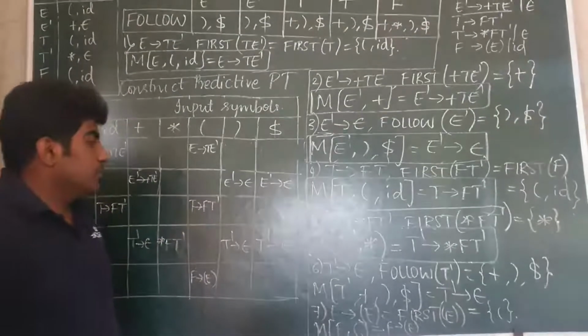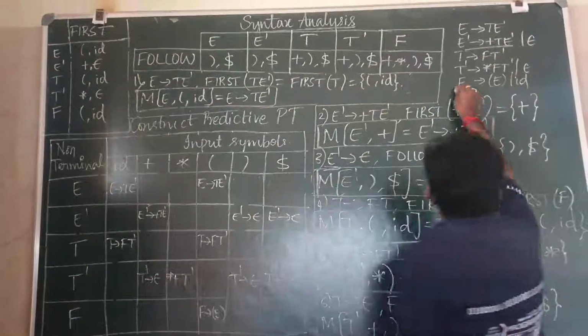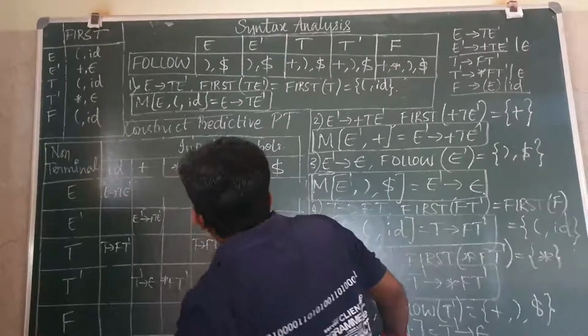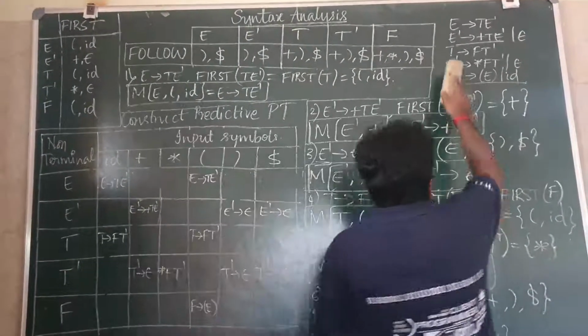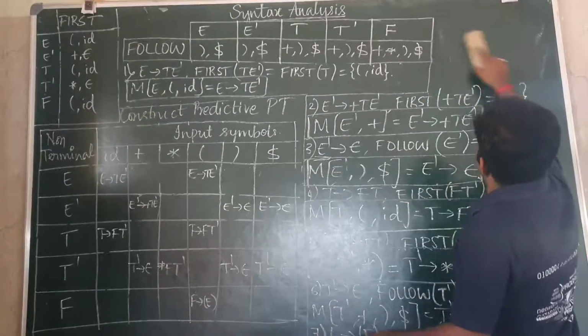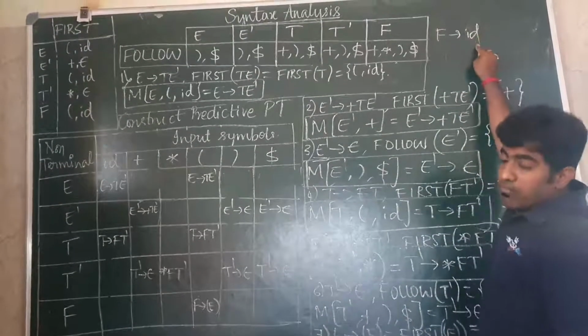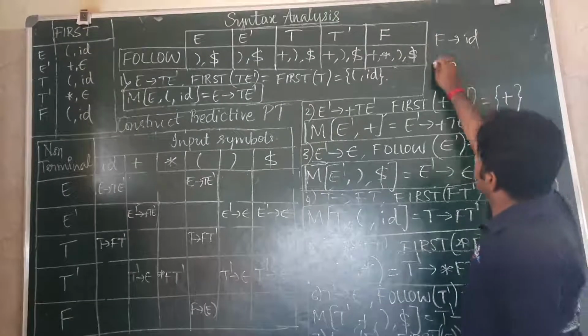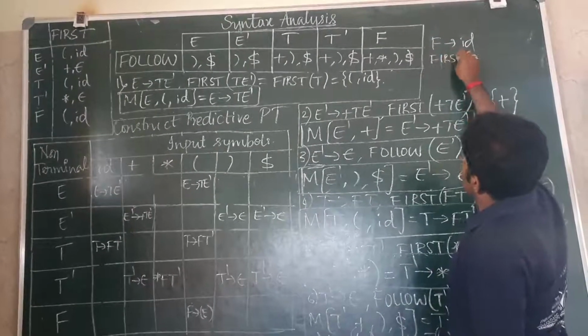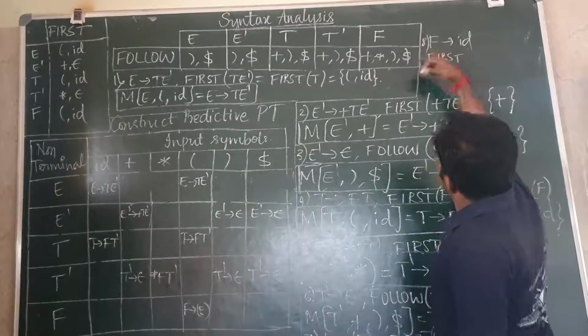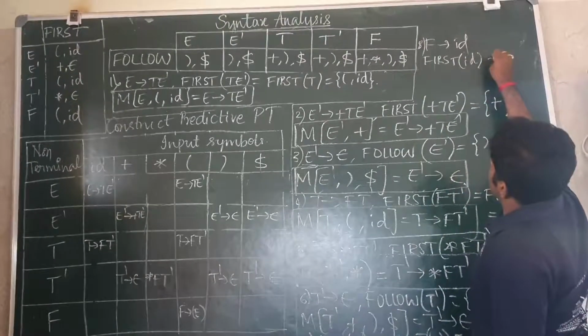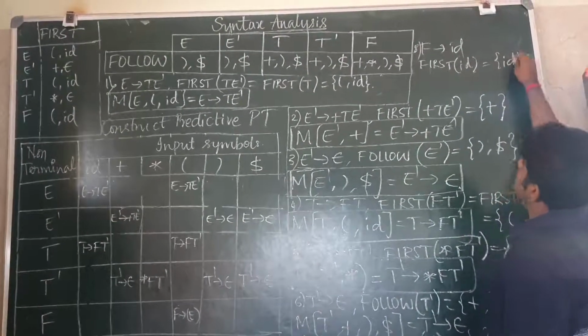Correct? So F on the opening bracket, include the production F tends to (E), the arithmetic expression within the brackets. Next, the last production: F tends to ID. A tends to alpha, alpha is not equal to epsilon, so we have to calculate first of ID. First of ID is ID, because it is a terminal.